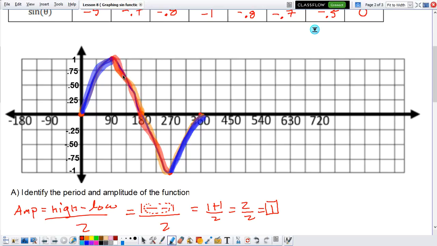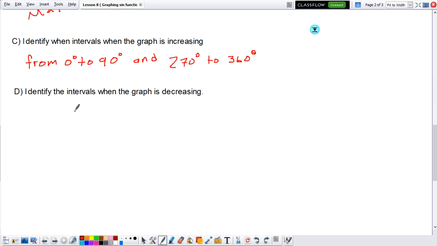So the interval where my graph was decreasing was from 90 degrees all the way to 270 degrees. So let's write that down. The interval of decreasing is from 90 degrees to 270 degrees.